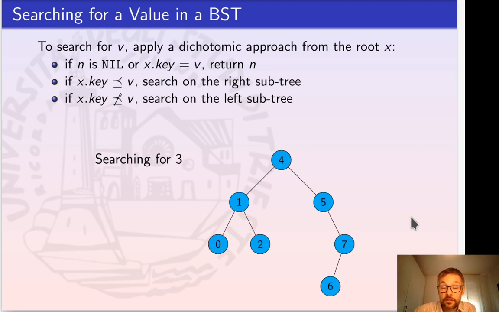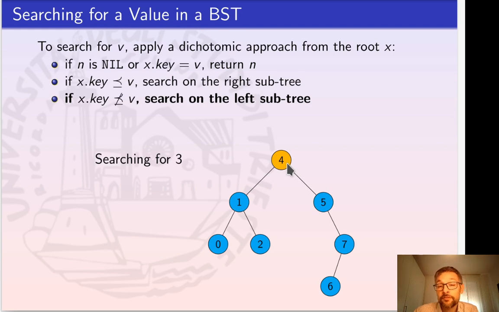Okay, what about searching a value? You already know it. Searching a value on a subtree of a BST is quite easy. You simply have to apply the BST property. So from the root, let's assume we are searching for 3, you have to test whether the key we are searching for is equal to the key of the node we are dealing with. If it is equal, of course, we discover the node and that's all.